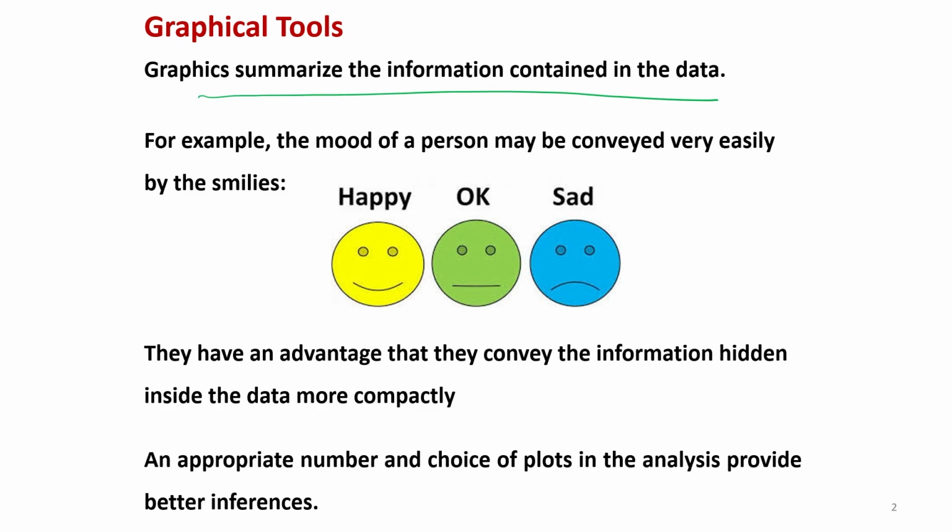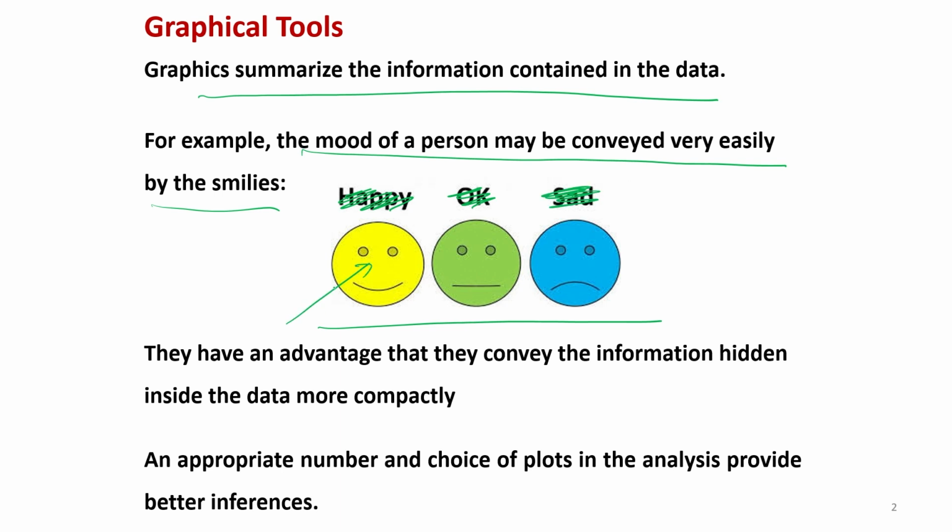For example, the mood of a person may be conveyed very easily by smileys. If you look at these 3 smileys, even if I remove the names which indicate the mood of the person, you can still say that the first picture indicates that the person is happy.